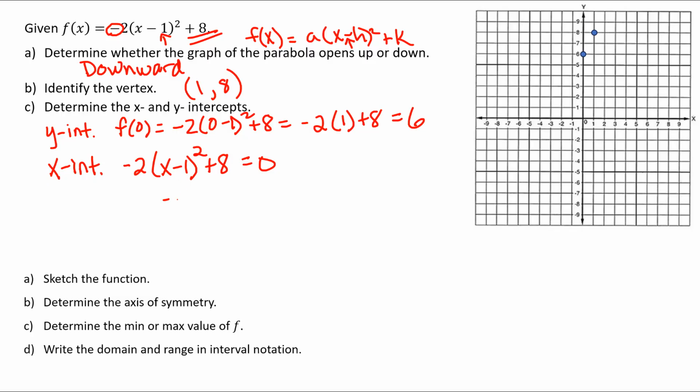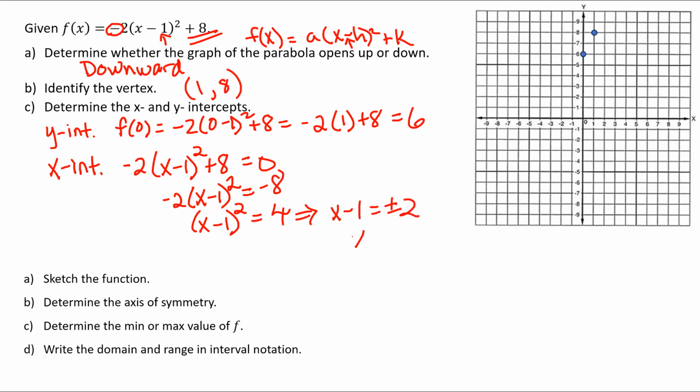To figure that out, you subtract 8 on both sides, divide by negative 2, and take the square root on both sides. So you have x minus 1 equals plus or minus the square root of 4, which is 2. So x is going to equal 1 plus or minus 2, which is 3 or negative 1.